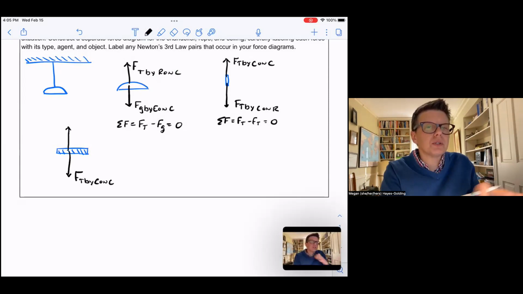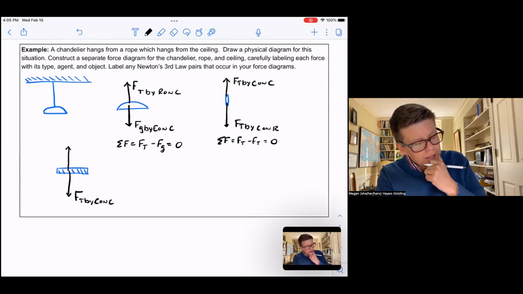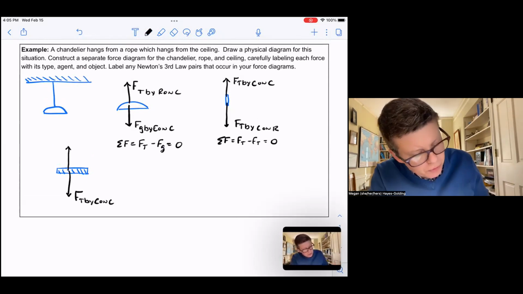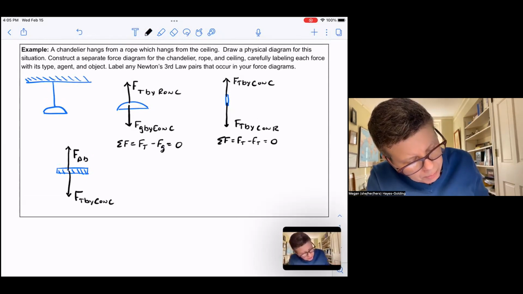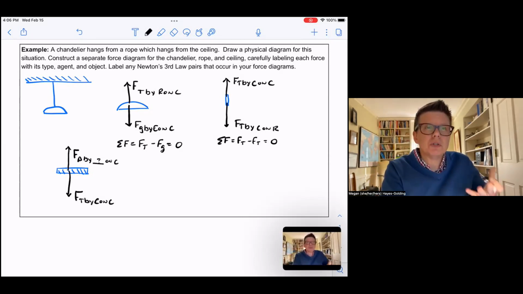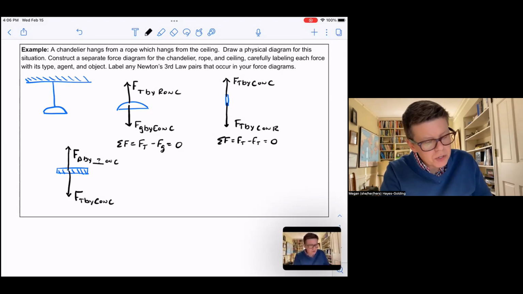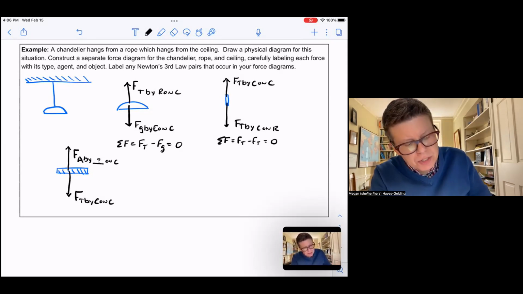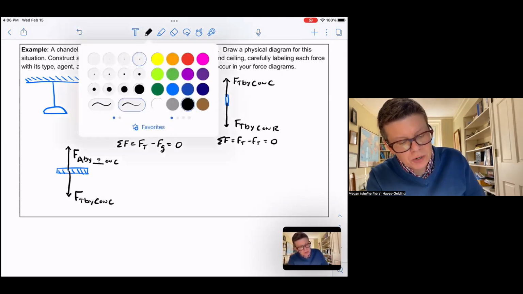And this is where it gets a little weird. We're not necessarily going to see problems like this too much in class. So there's some sort of F applied by something on the ceiling. Something is holding the ceiling up. Maybe it's the ground, maybe it's a normal force. But this is not really where I want to focus our attention.